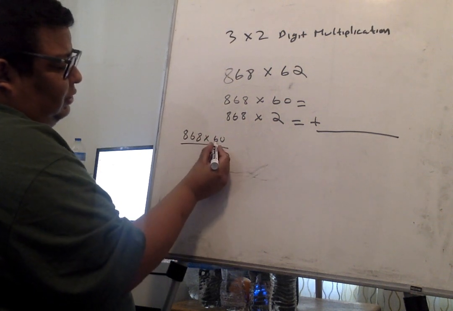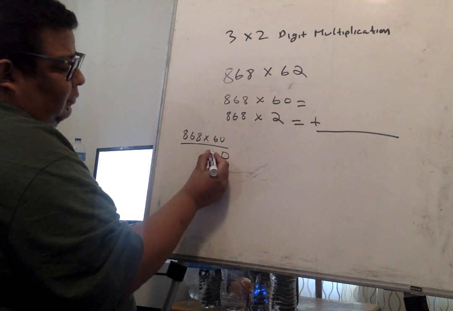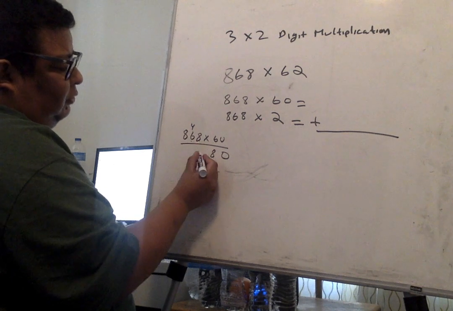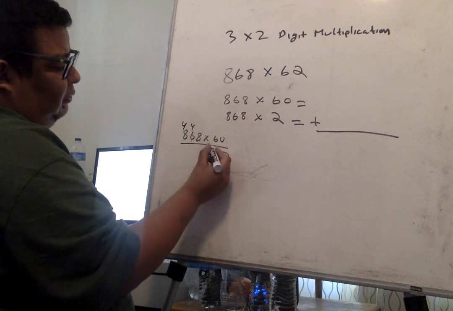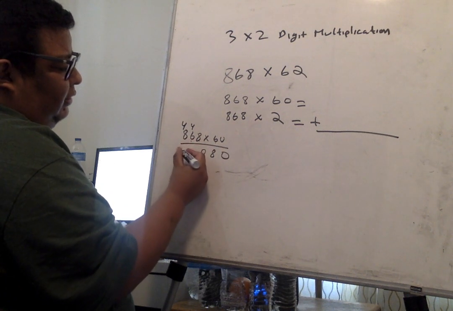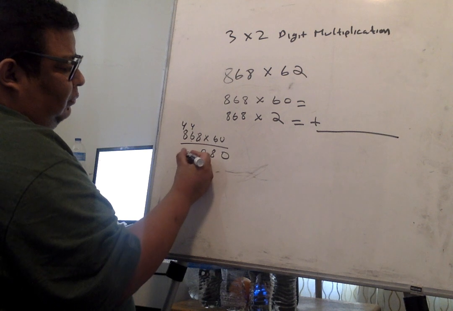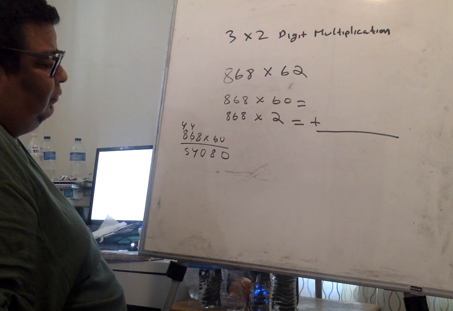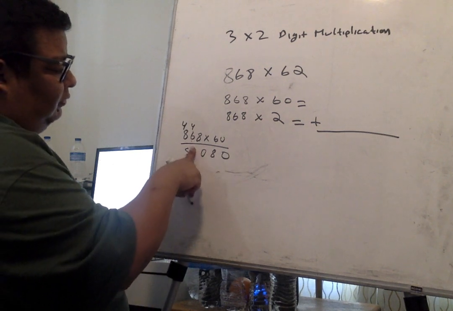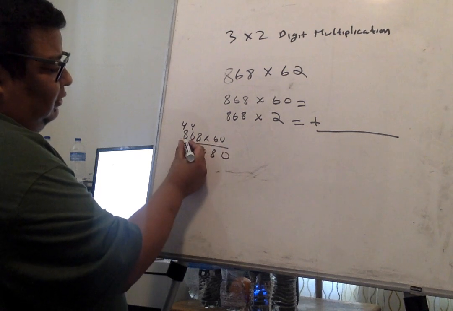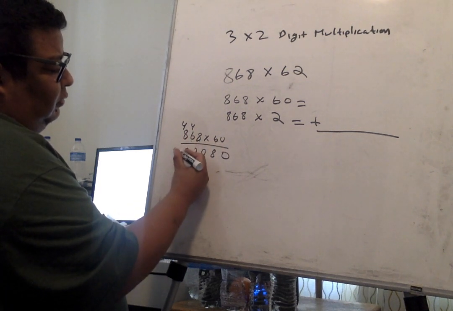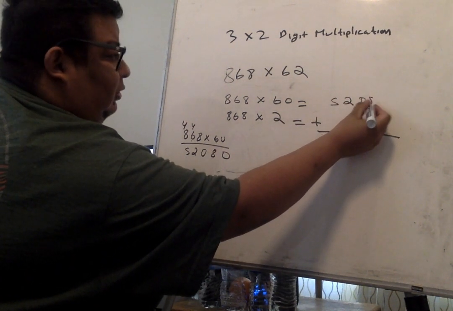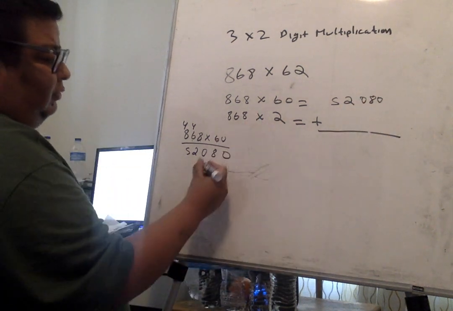So 0 at the end, and then you do 6 times 8, 48, carry 4. 6 times 6, 36, plus 4, 40, carry 4. 6 times 4, 24, plus 4, 28. So the first one is 28,080.